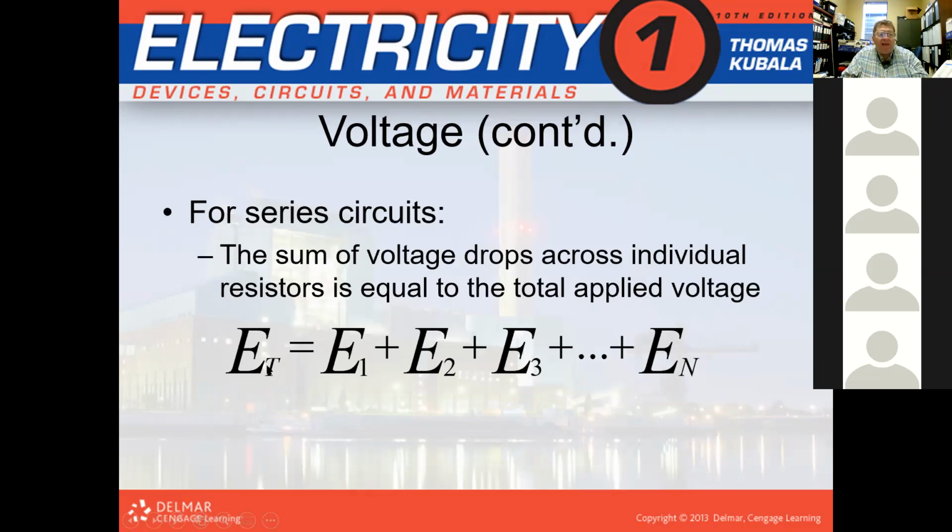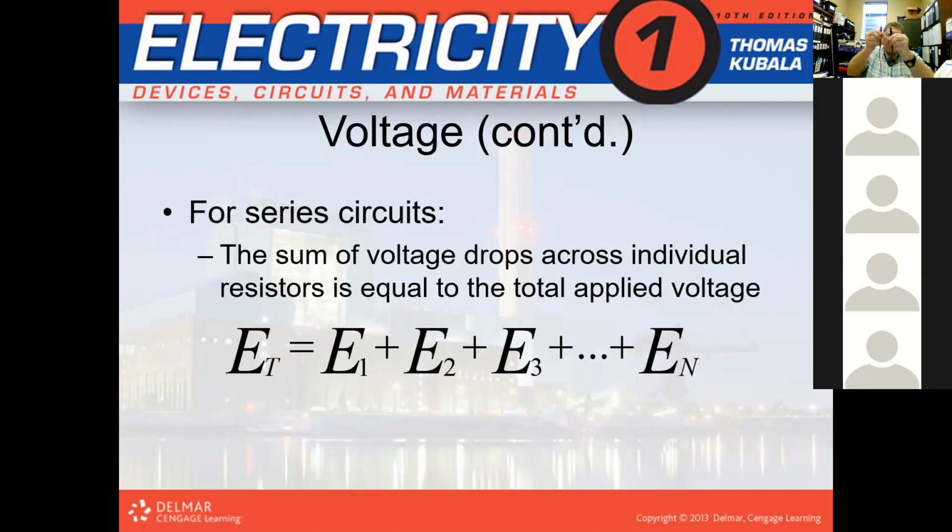E total would be equal to the voltage drop E1, which would be the voltage drop across the first light bulb. E2 is the voltage drop across the next light bulb. If you put the meter across the first bulb, that will be E1 showing up on the voltmeter.